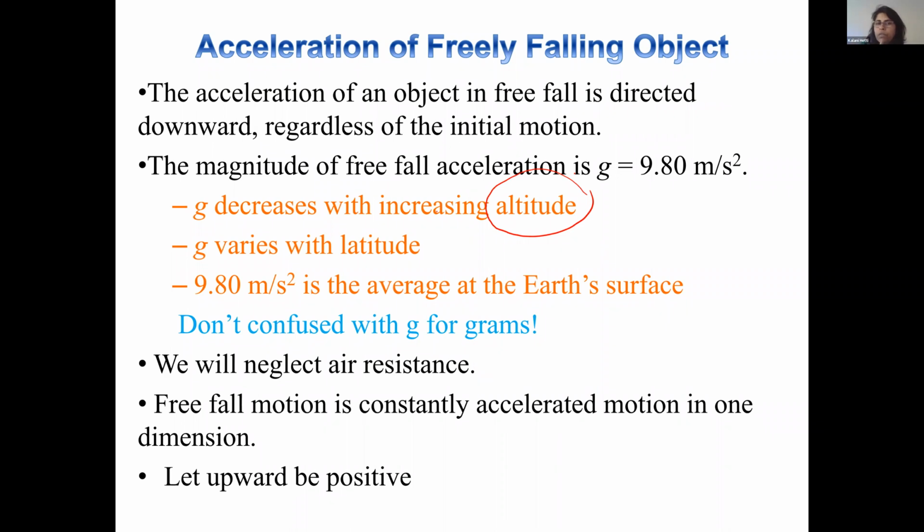And also g varies with the latitude. It is a constant that we all have. We're going to assume this number for all the problems in your class. Okay, so don't confuse grams and g, because we used g for grams earlier, but this g is not grams. It's the acceleration.